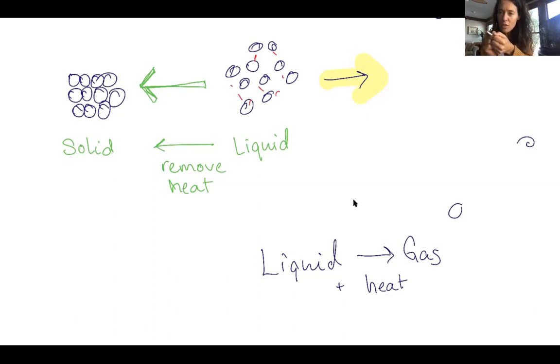The easier it is to form that solid, the less heat that has to be removed. So we end up at a freezing point that is actually higher when we have stronger attractive forces. We don't have to get it as cold to push those particles together as they are in the solid state.